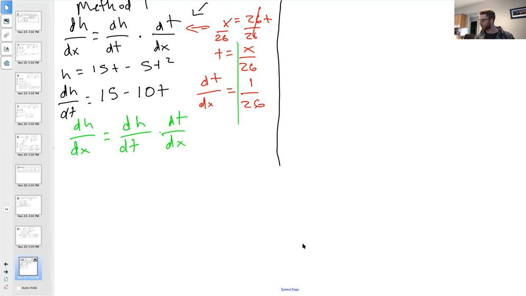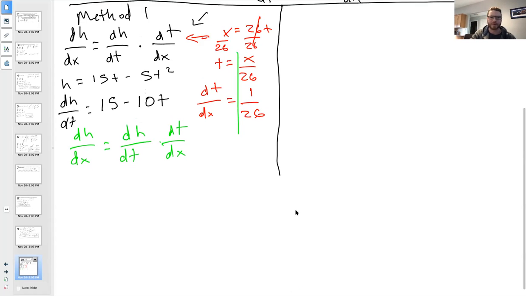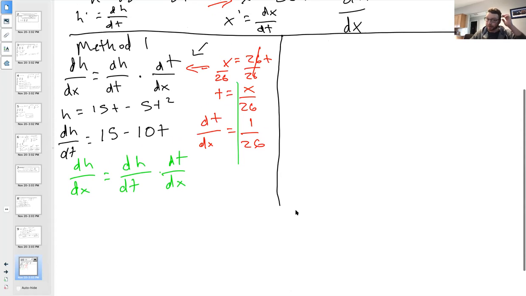I am running out of space on this slide, so I'm going to move over to where we would do method 2, and we're just going to do method 2 on a different page.